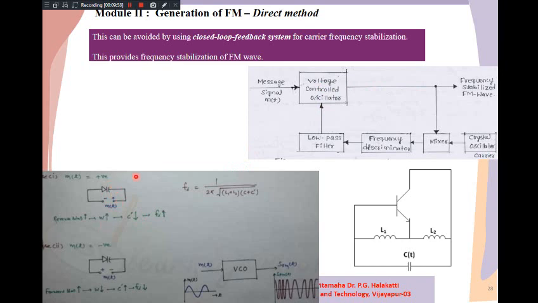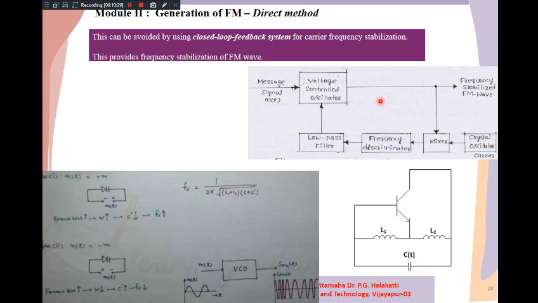During the positive peak, if you come back to this, the varactor diode will be playing the role of the capacitance in the Hartley oscillator. The message signal itself is going to change the behavior of the varactor diode, by reverse biasing and forward biasing, thereby controlling its capacitance value and thereby controlling the frequency tuning of this Hartley oscillator.